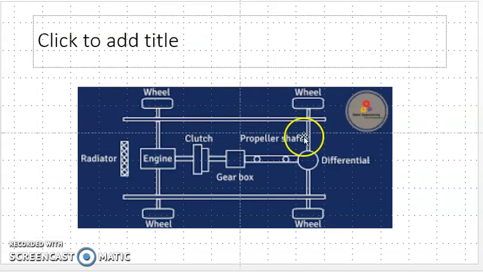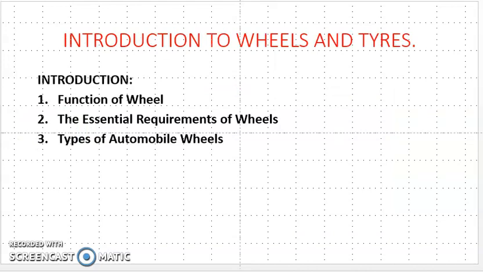Just see in these figures, you will observe that the power developed inside the engine is transmitted to the wheel with the help of clutch to gearbox, gearbox to propeller shaft to differential, and from differential to the rear axle and the wheel. Now, in this small video we are going to learn the introduction of wheels and tires.